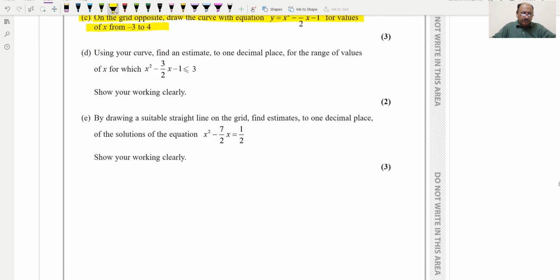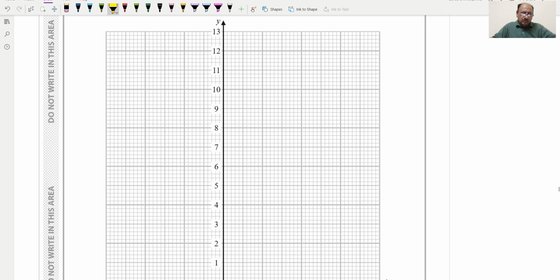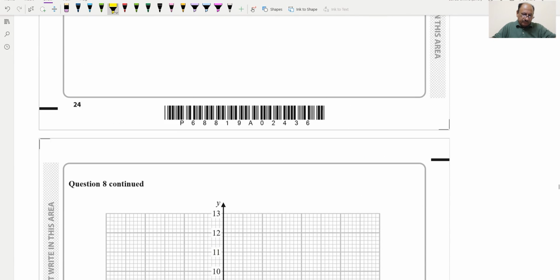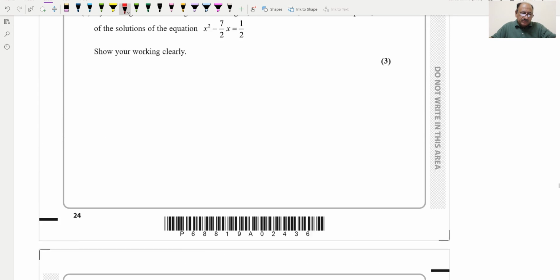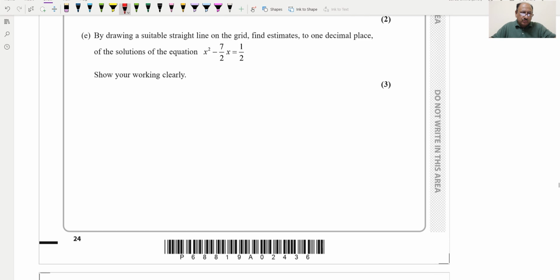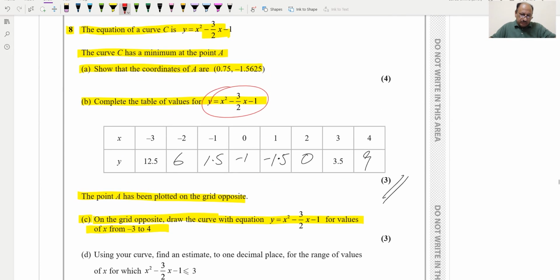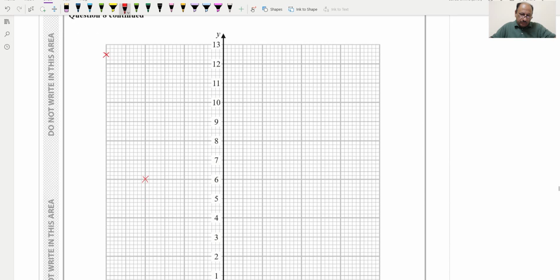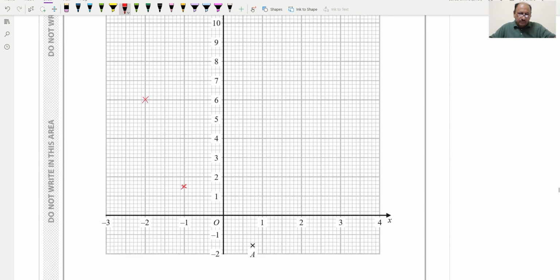First minus 3 and 12.5, this will be this point, and the second value is minus 2 and 6. Minus 2 and 6 is this, and next is minus 1 and 1.5. Minus 1 and 1.5, we got this point as well.